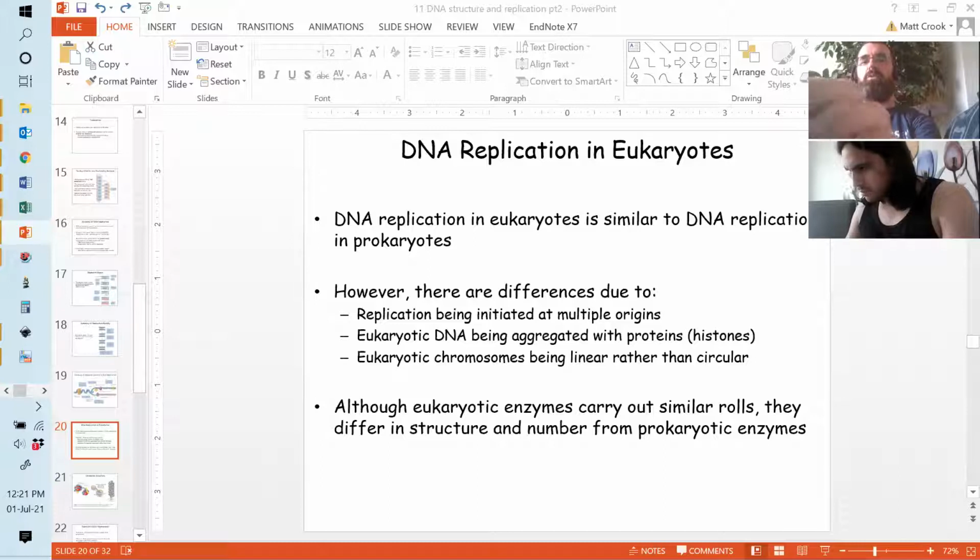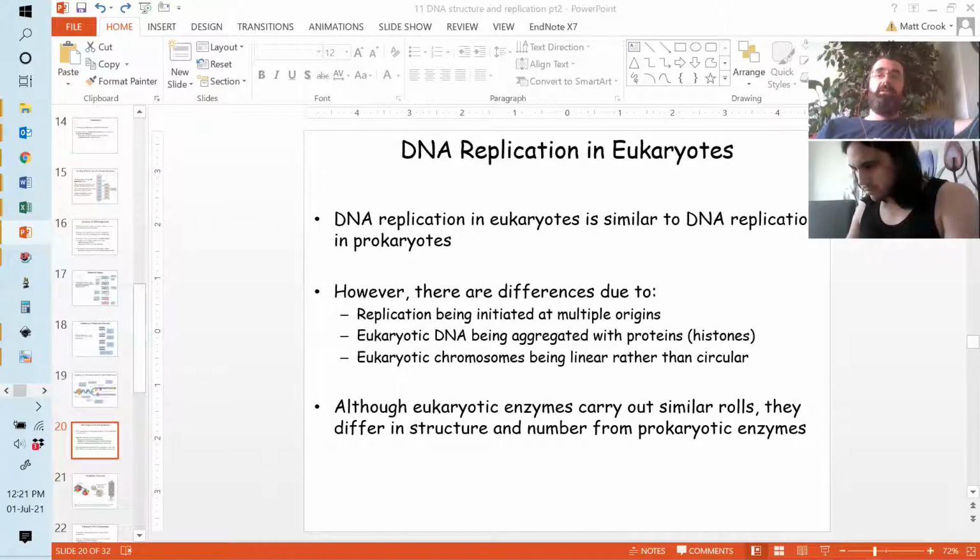And that's also called chromatin, right? So that's stuff that you have to get rid of and then reassemble after replication. And you also have to copy those histones too, those proteins. You have to make more of them because you're making twice the amount of DNA.